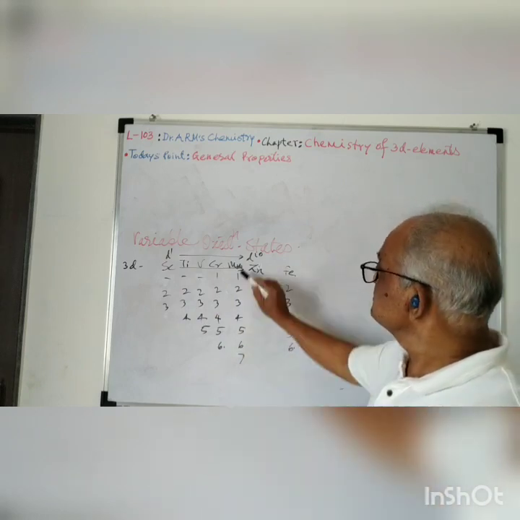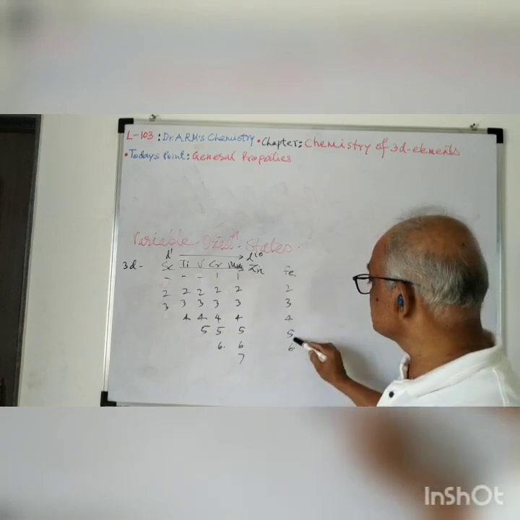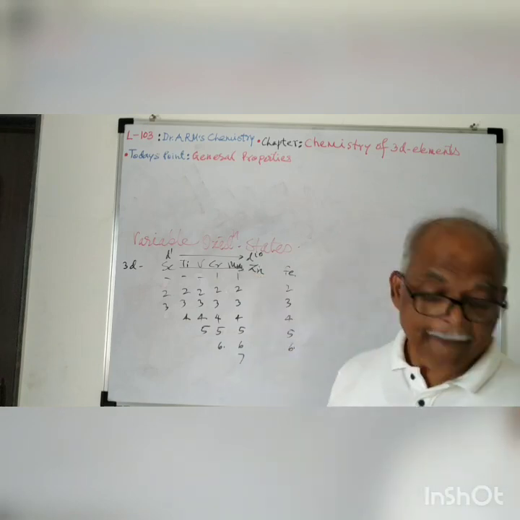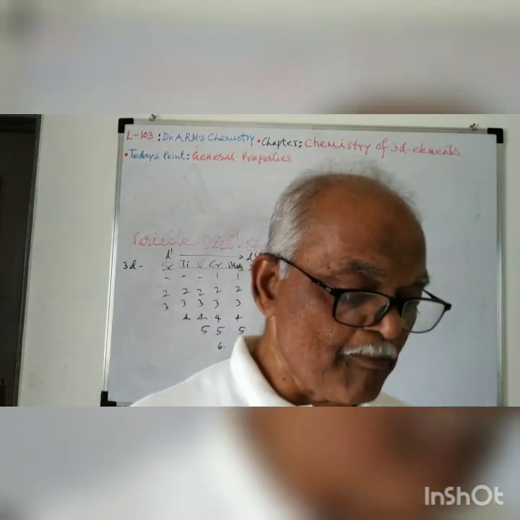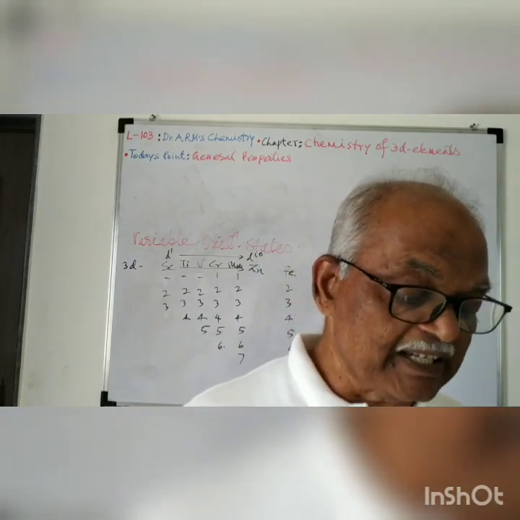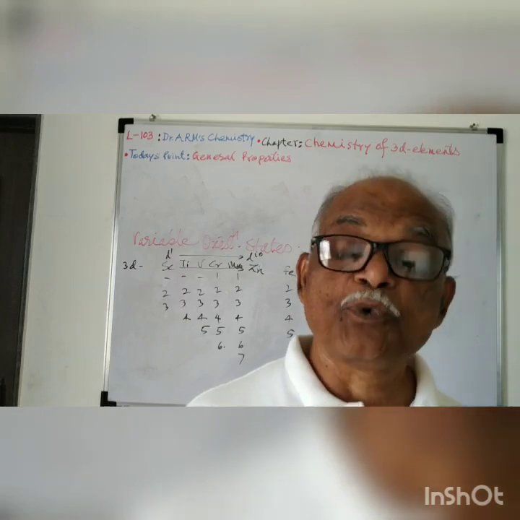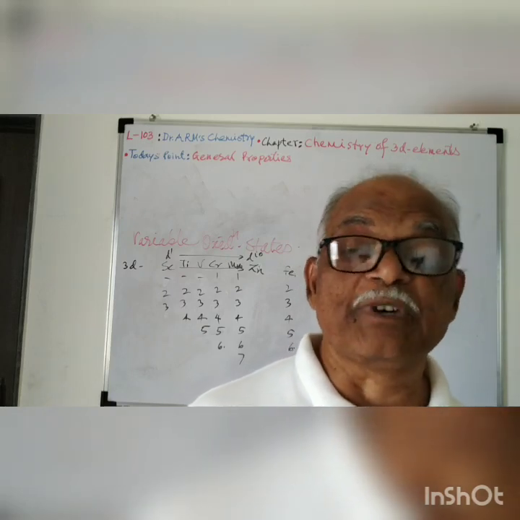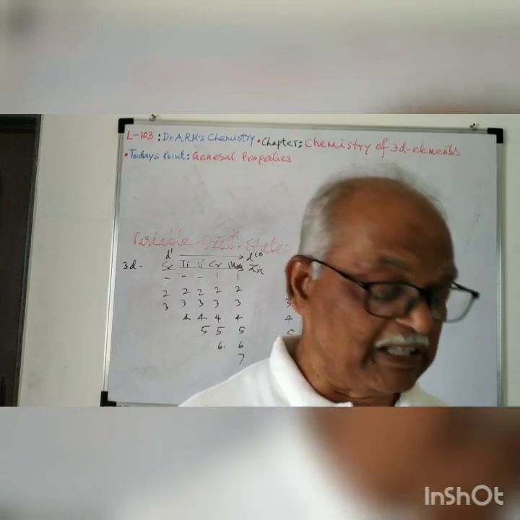And after manganese, the oxidation states decrease. Cobalt exhibits 4 oxidation states, nickel exhibits 3, copper exhibits 2, and zinc exhibits 2 oxidation states, out of which plus 1 is unstable.